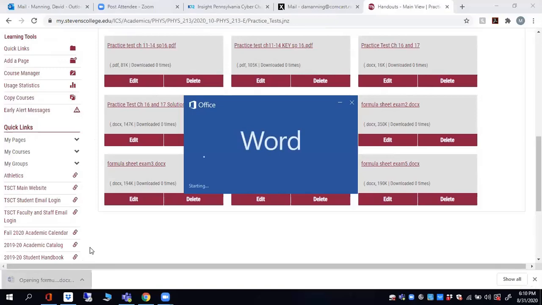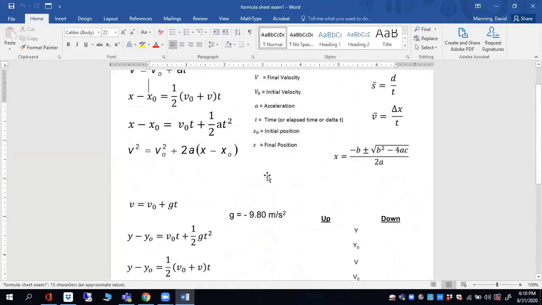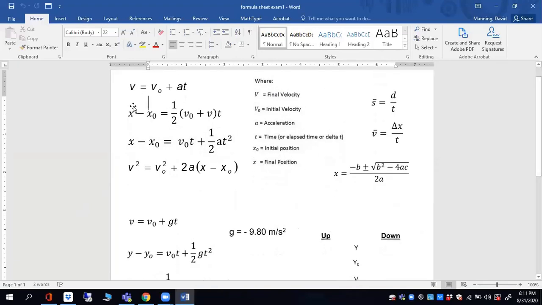And this is really handy. You can just print this out, and this will have all of the formulas that you need for the exam, and you can label them and write on here and use it when you're taking the test so you know exactly where the formulas are. And then when you're solving problems at home or when we're doing problems in class, you can have this out with you, and it'll allow you to find the equation much faster. So here up here are the formulas and the variables that we'll be using for these problems.